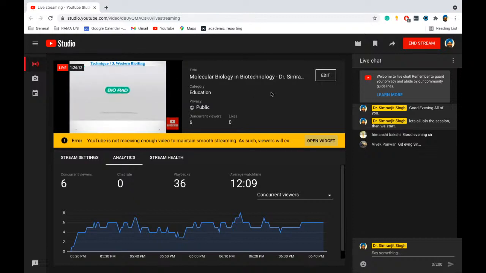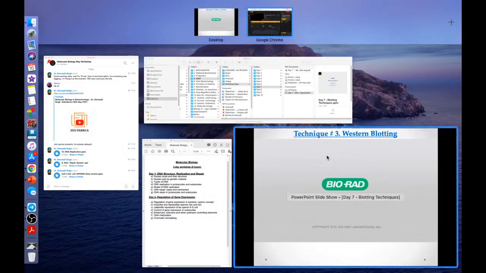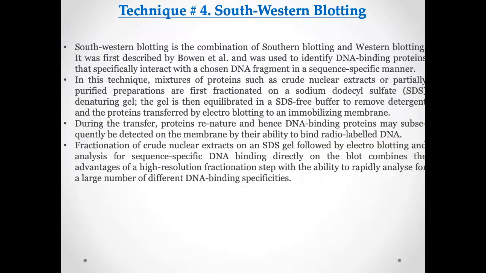So we will come to an end soon with the blotting, and this is southern western blotting, which, as we have discussed, is a combination of southern blotting and western blotting. It was described by Bowen and used to identify DNA binding proteins that specifically interact with chosen DNA fragments in a sequence specific manner.